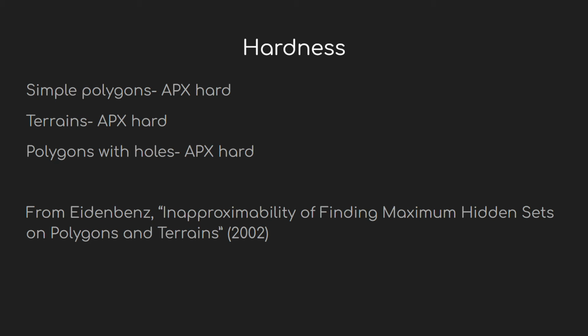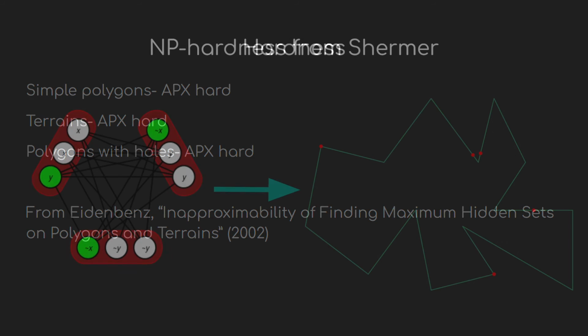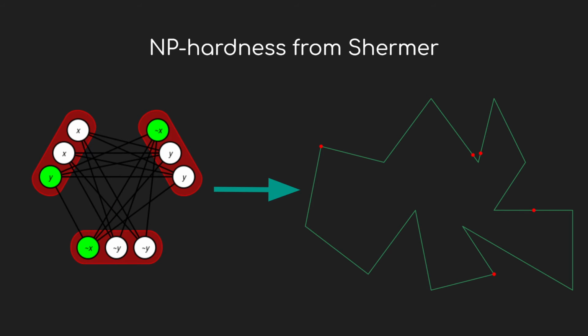Because this is primarily focusing on the Shermer paper, I'm not going to go over the Eidenbenz reduction to APX hardness, but I will go over the Shermer reduction. Shermer's reduction regards NP hardness, and it's a reduction from 3 satisfiability.